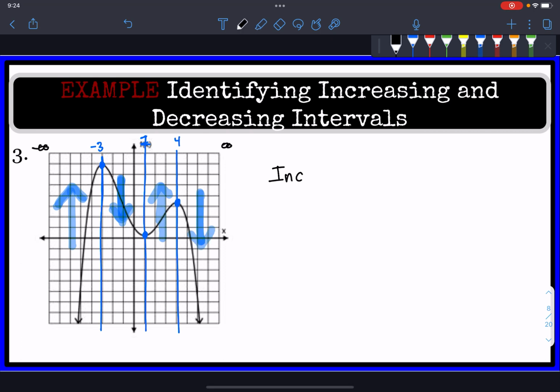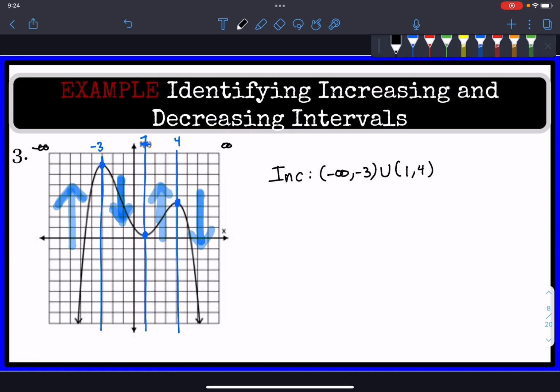So our graph is increasing from -infinity to -3, and which we use this symbol right there to represent that, and from +1 to +4.